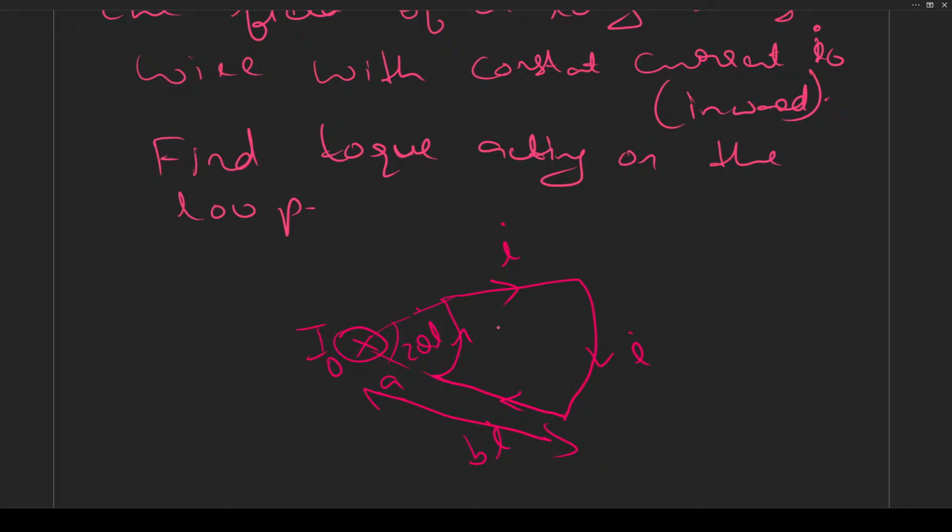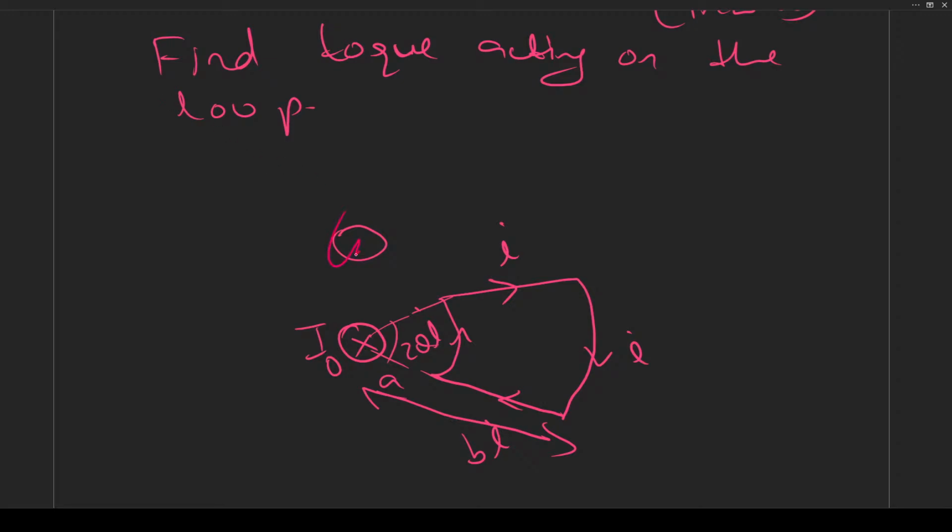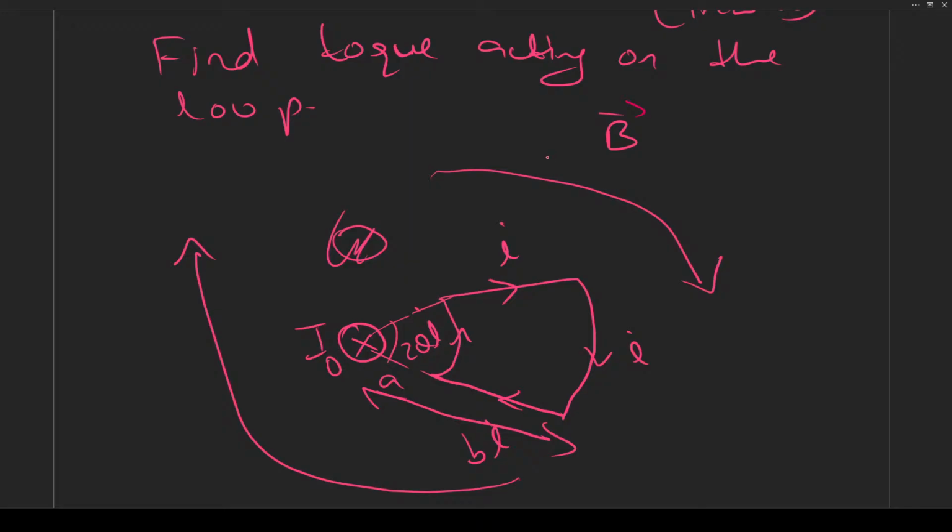The field due to the current carrying conductor or wire is tangential to every point on the circular portion of the loop. It will be acting tangentially to every point of the circular loop. And if we find the direction of the magnetic field, it should be something like this. This is the direction of the magnetic field, because of the right hand thumb rule.